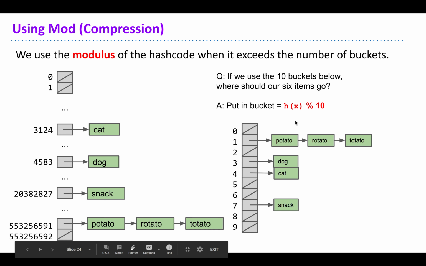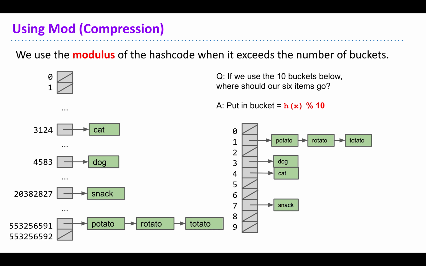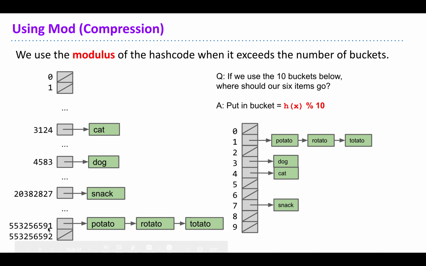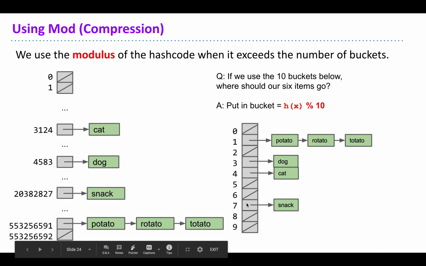And then we already talked about how to use this mod to wrap around for the table size. Basically, a hash function can give you an arbitrarily large integer. So you could get this integer from your hash function. But if you had a table size of 10, you can't say, oh, put the potato at the 5 trillionth index.